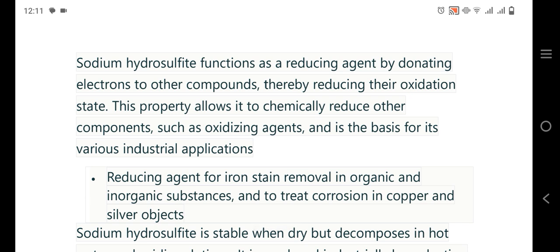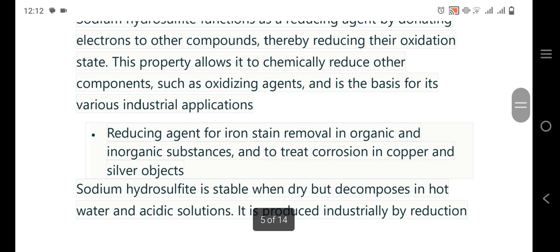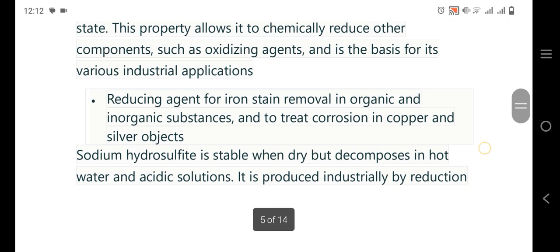This property allows it to chemically reduce other components such as oxidizing agents and is the basis for its various industrial applications. Sodium hydrosulfide is used as a reducing agent for iron stain removal in organic and inorganic substances and to treat corrosion in copper and silver objects.